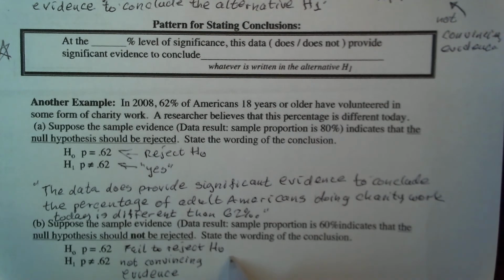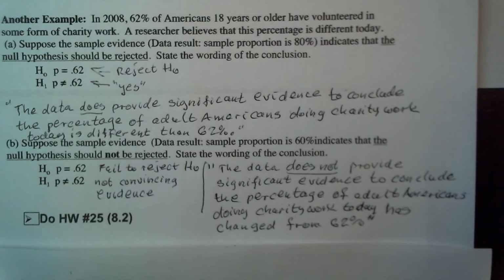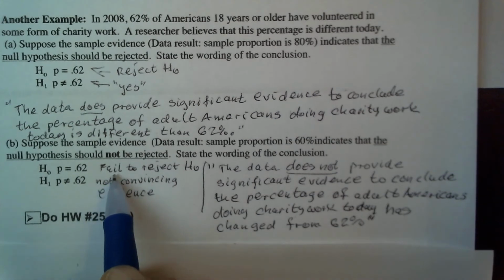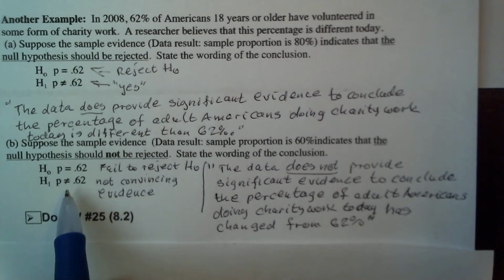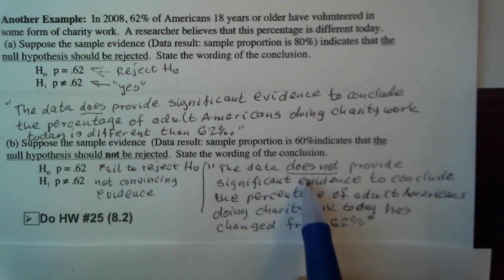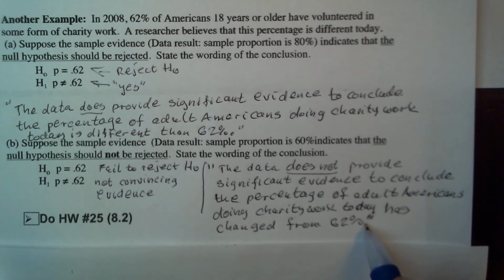So here's how we can write our conclusion about failing to reject H0, when there's not enough convincing evidence to make this true. We can write, the data does not provide significant evidence to conclude the percentage of adult Americans doing charity work today has changed from 62%.